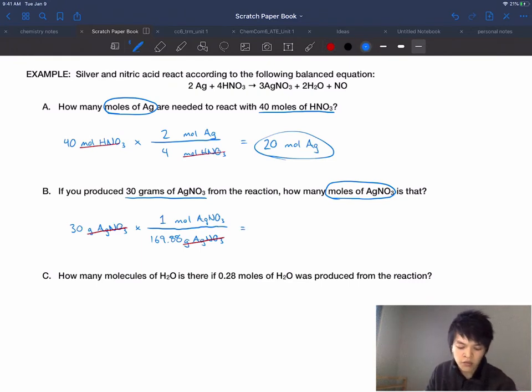So in this problem, we're starting with the number 30, and since this number is on the bottom, you would divide by 169.88. So in a calculator, let's see what that gives us.